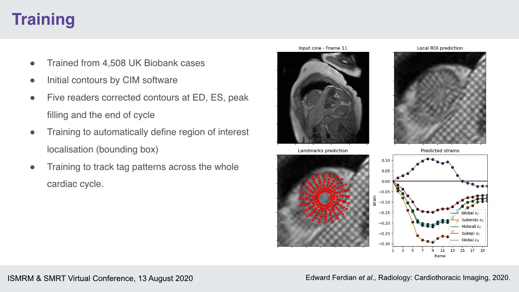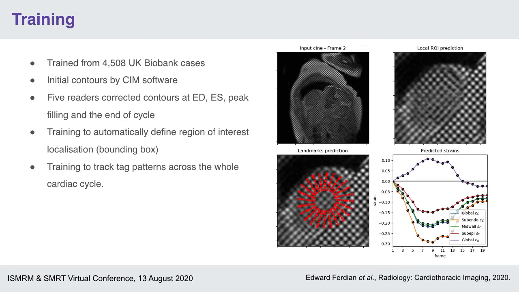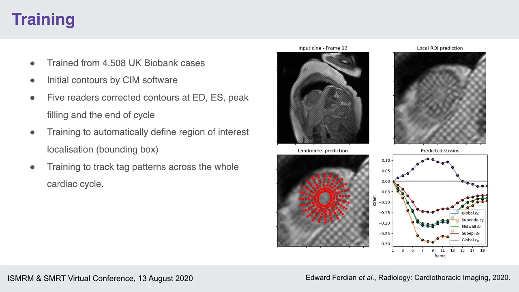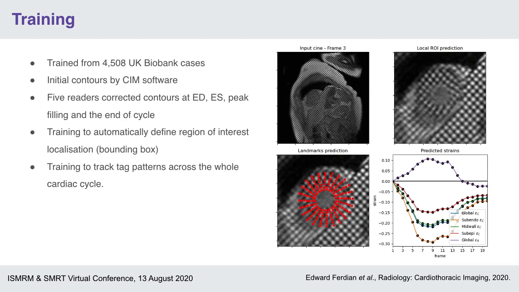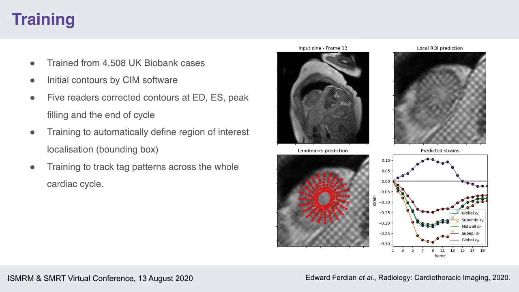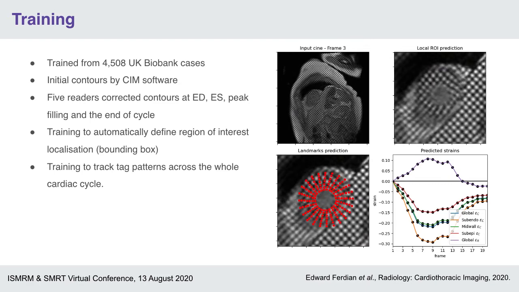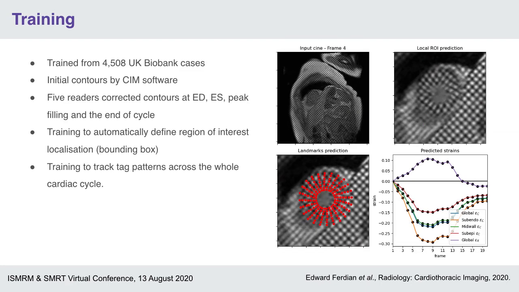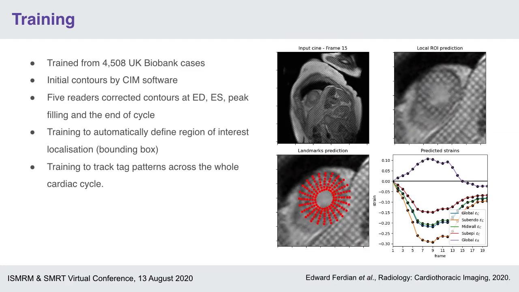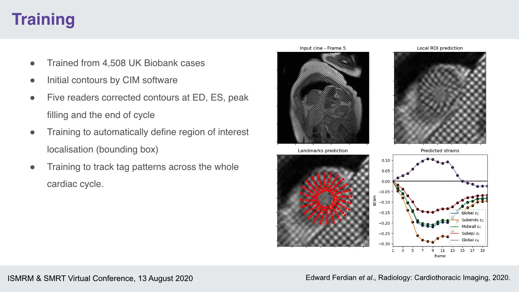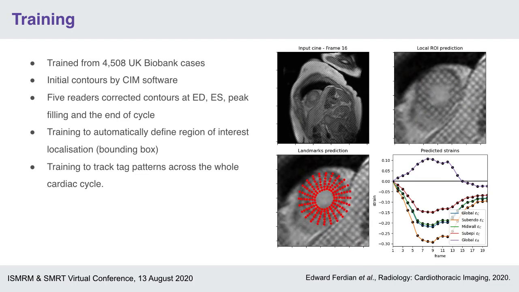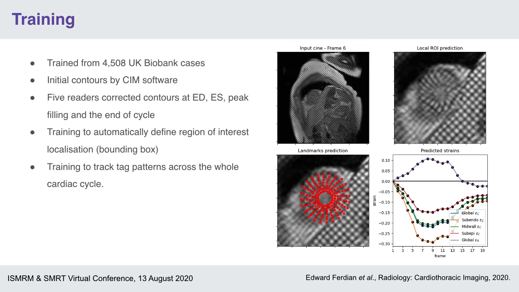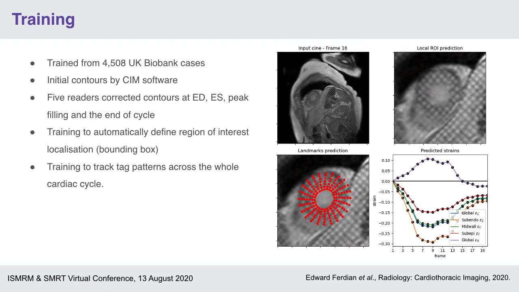So the network was trained from more than 4,000 cases of the UK Biobank. The initial contours were generated by a dedicated software, and 5 readers corrected contours at 5 different frames: at ED, systole, peak filling, diastole, and at the end of the cycle.